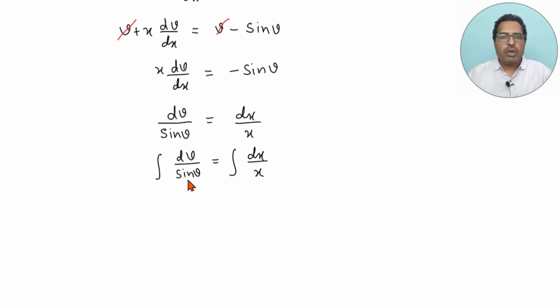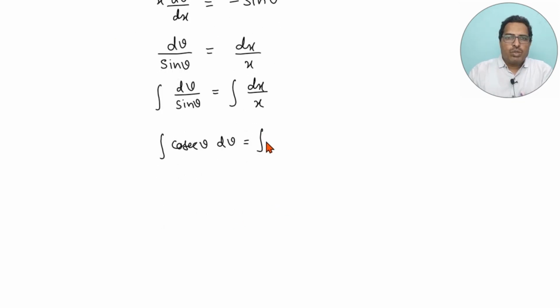Integral of dv by sine v equals integral of dx by x. We can rewrite the left side as the integral of cosecant of v into dv, equals the integral of dx by x.